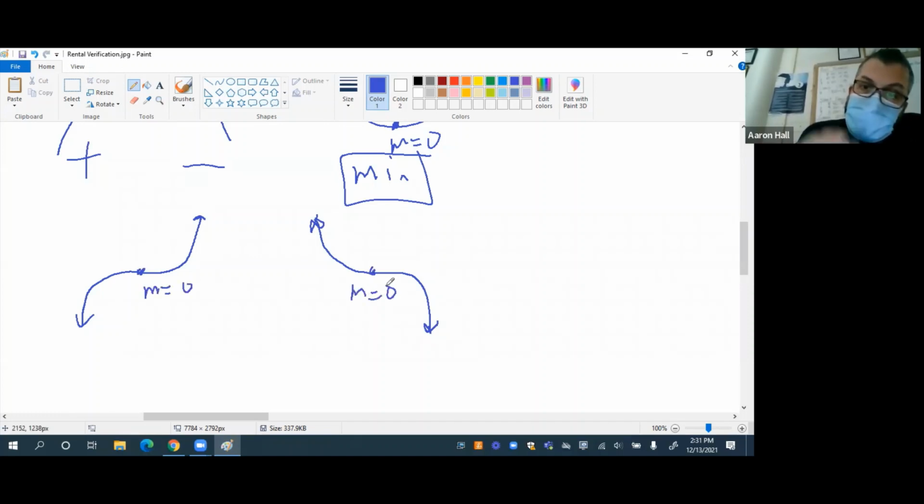Now on the left-hand side, what's my slope? Yeah, it's positive, followed by, it's still positive. So if I have a positive followed by a positive, that is not a maximum or a minimum. In fact, what do we call this point right here?